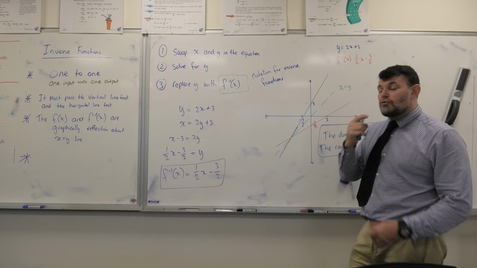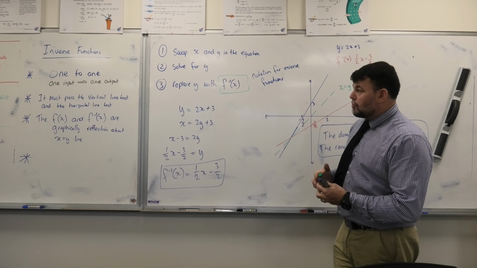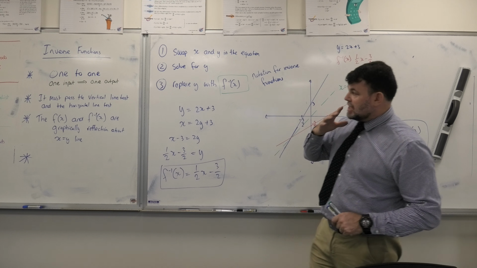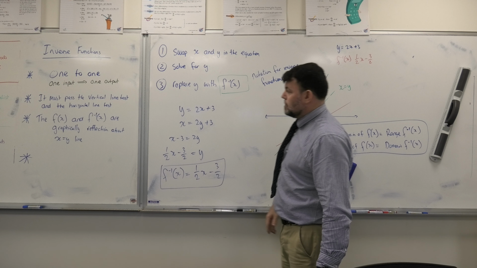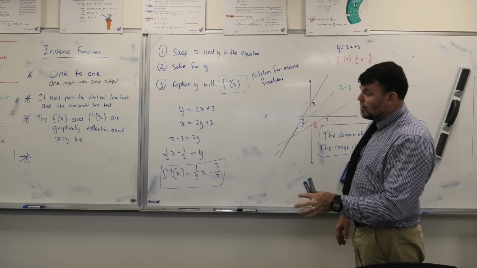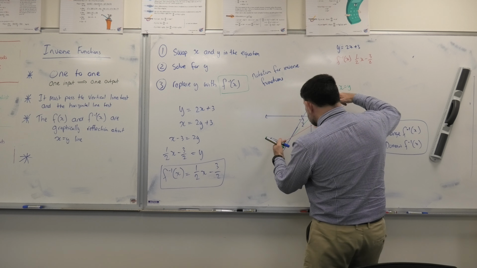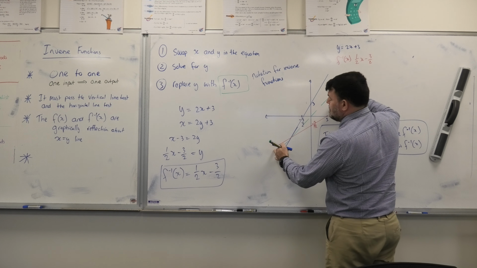So we looked at three of the 4 different properties that determine if something is an inverse. The last one is basically the visual representation of what is happening here.